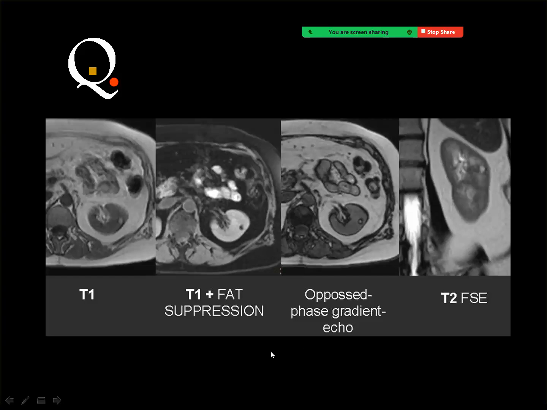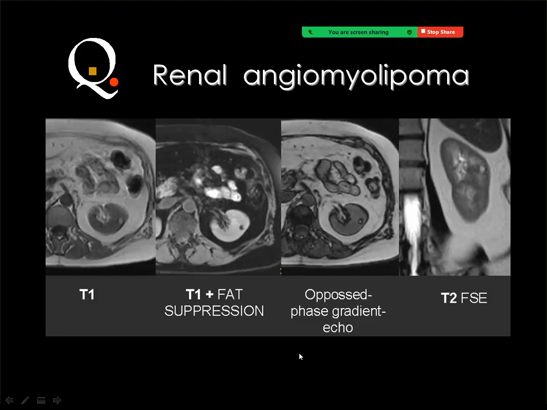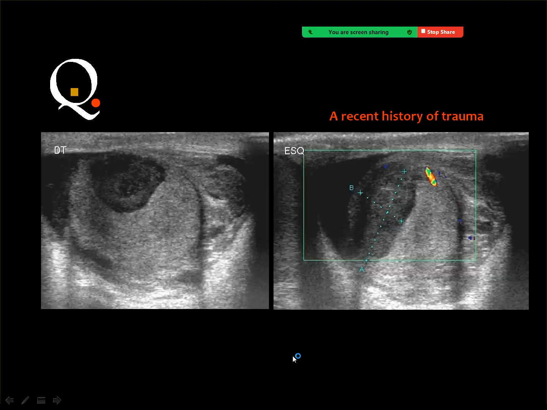And xanthogranulomatous pyelonephritis has a very well-known characteristic appearance. But if you see a fat-containing lesion in the kidney, you should think first of an angiomyolipoma. And this is not a hemorrhagic cyst because it is suppressed in the fat suppressed images, denoting the content of fat. And this is angiomyolipoma.